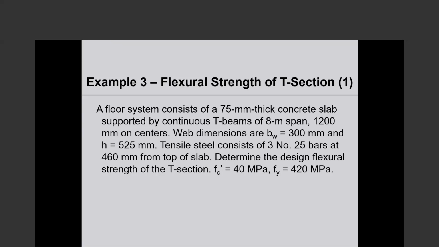Tensile steel consists of 3 number 25 bars at 460 millimeters from top of slab. So the effective depth is directly given in the problem statement. Determine the design flexural strength of the T section. f sub c prime is 40 MPa, f sub y is 420 MPa.